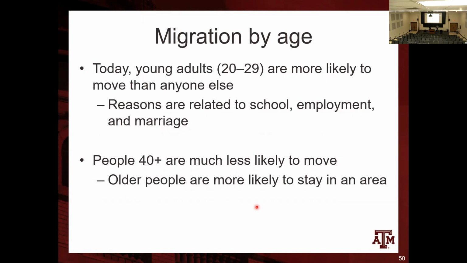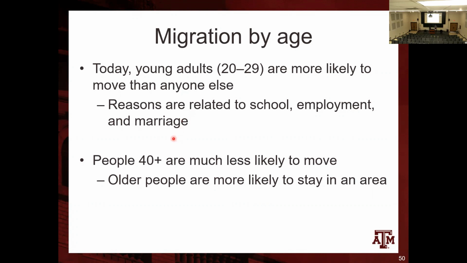Migration varies by age, as I showed you in that graph of age-specific migration rates. Today, young adults are more likely to move than anyone else. The reasons are related to school, people going into another city to attend college, or because they get their first job, or because they get married and then settle in another place.